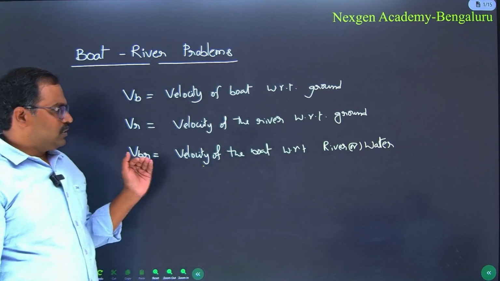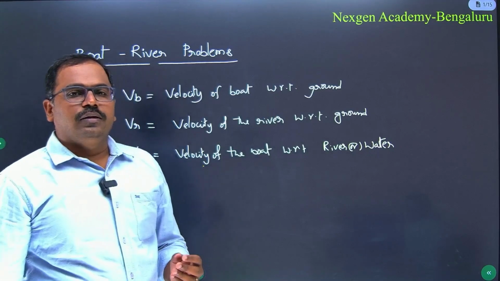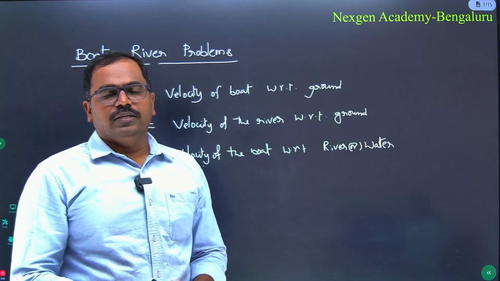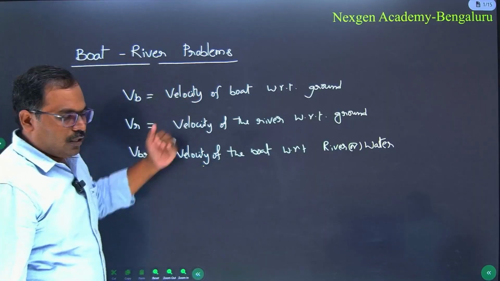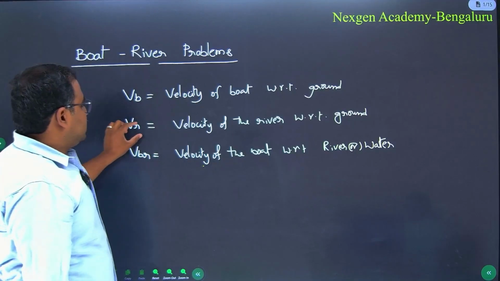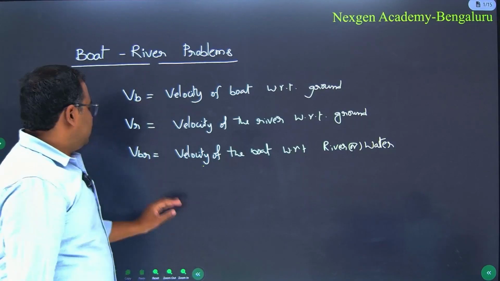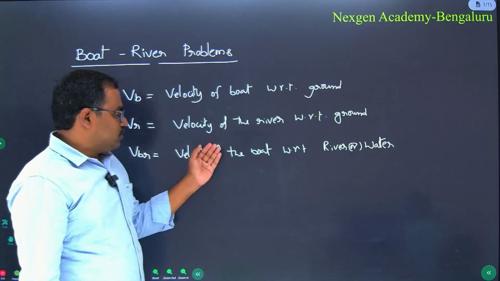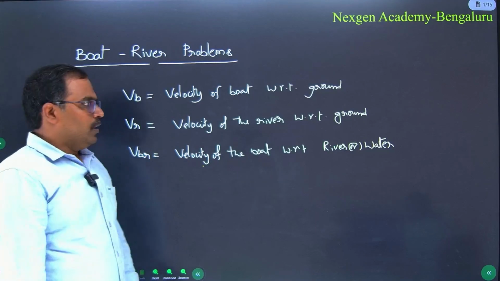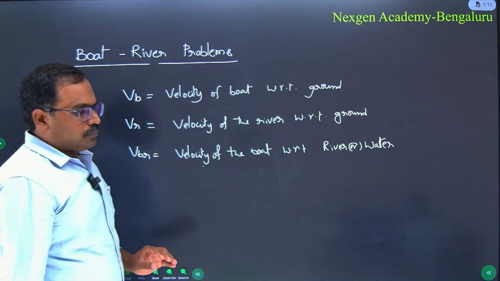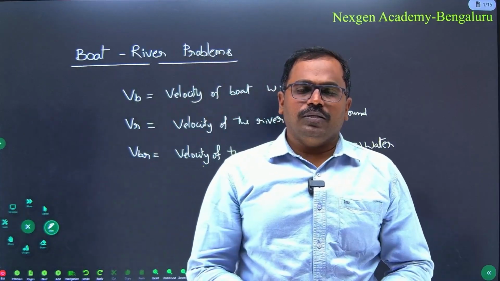These are the basic terms we should understand first, then only we can answer the questions or understand the concept. So the basic terms: velocity of the boat or absolute velocity, velocity of the river or velocity of the water, and velocity of the boat with respect to river or with respect to water. Now imagine a boat is moving on the surface of the water.